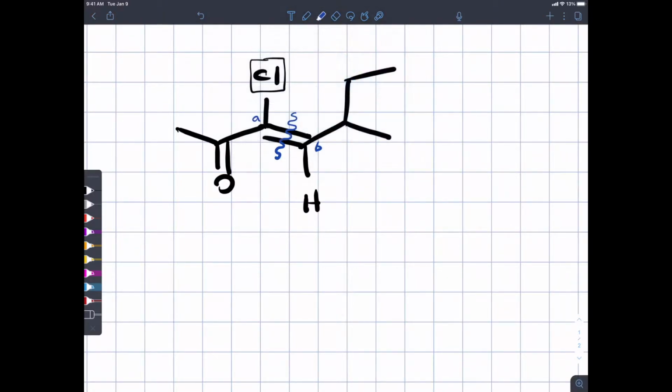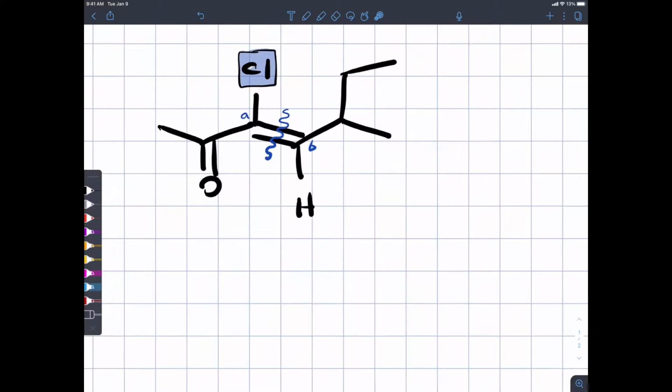So chlorine is the highest priority group on carbon A. Notice what we did not do there. We did not add up the mass of all of these groups as a whole and compare it to chlorine. It was simply chlorine versus carbon. That's important. People mix that up.